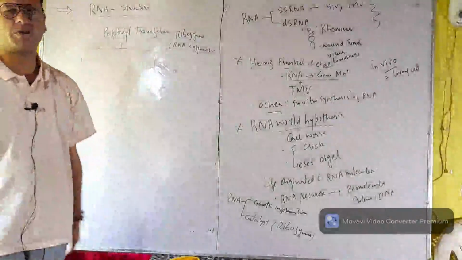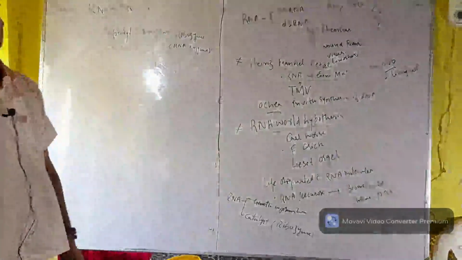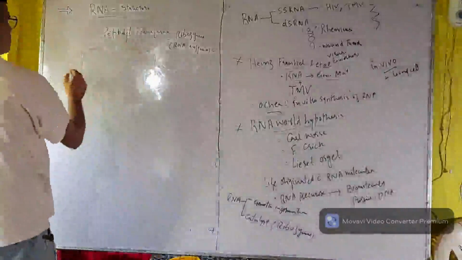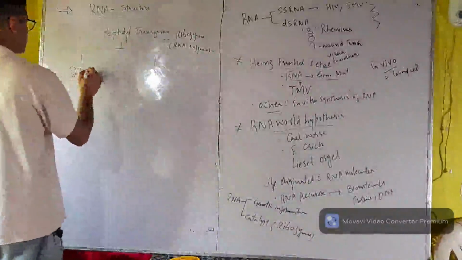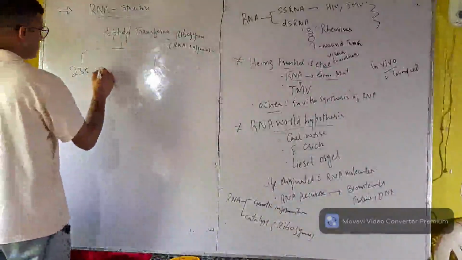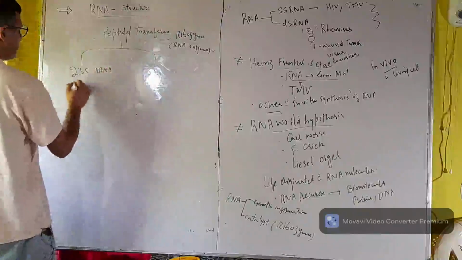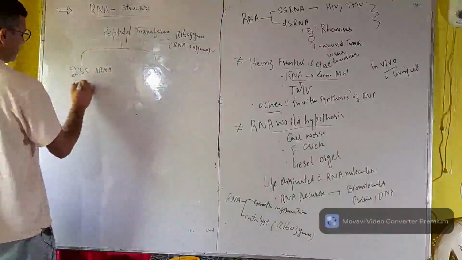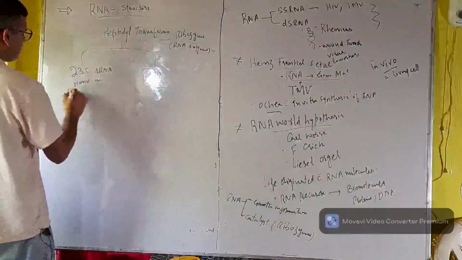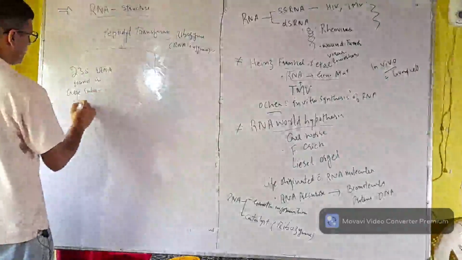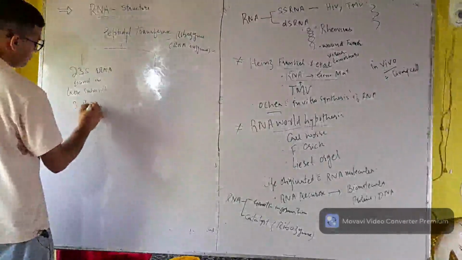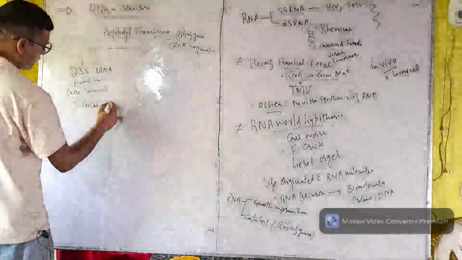Ribosome has two components: ribosomal RNA and ribosomal proteins. This peptidyl transferase is basically 23S ribosomal RNA found in the large subunit of the prokaryotic ribosome.